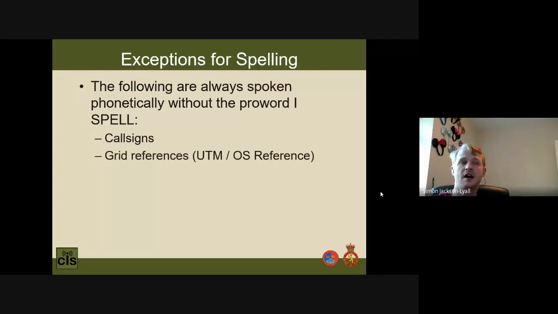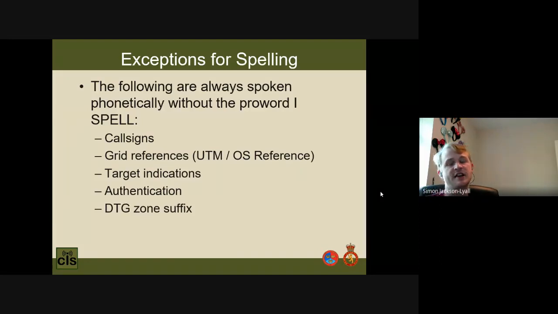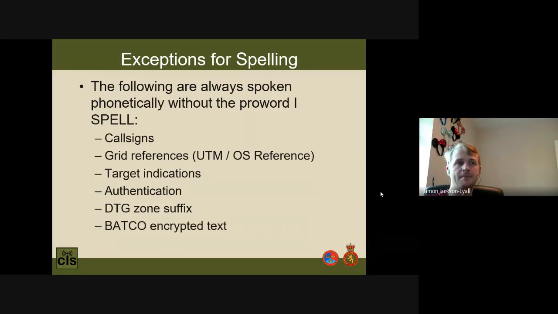Okay. Grid references as well. Target indications, authentication. We cover more at 3 and 4-star level with backbone and that kind of thing. And the date time group zone suffix, so the Zulu or the alpha. We always say it as Zulu or alpha. And then backcode encrypted text.